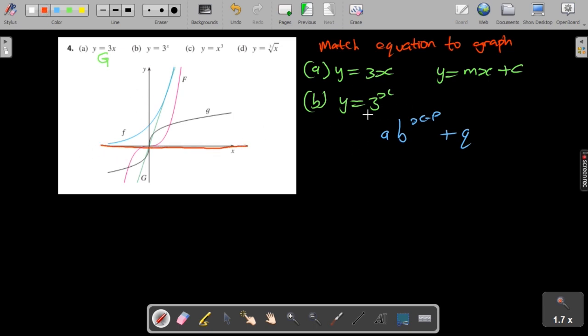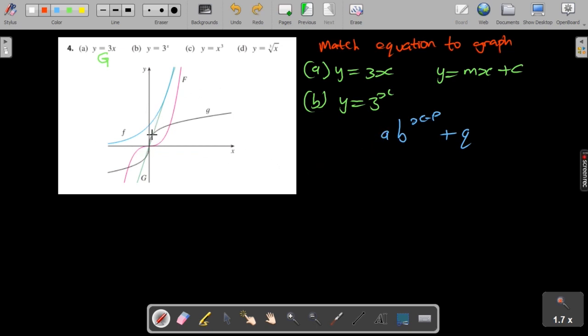So expect it to be above the asymptote because our a is 1, so we expect it to look up here, and its b is greater than 1, so expect it to be positive. So expect it to look like this. So we're going to look at the diagram for a function which is above the x line and with this shape.